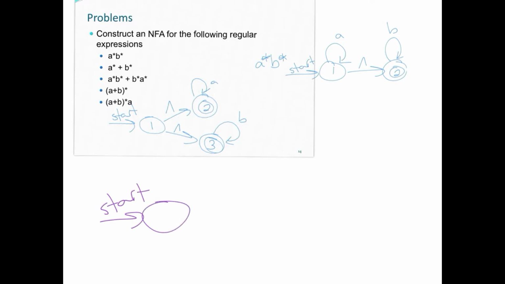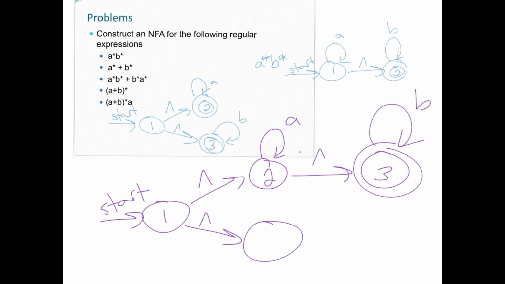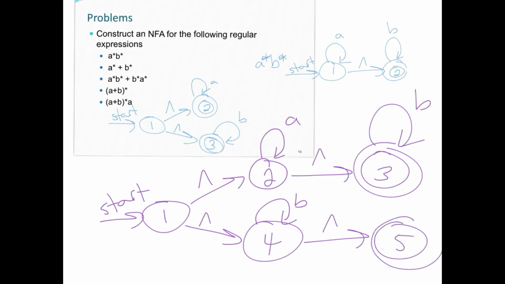I've got two choices. Whenever I have two choices like this, it makes it easier for me if I just do 2 lambda transitions. So the first choice, my A's followed by my B's, is going to be exactly what I have above. There's my A's. I've got a lambda transition to state 3, which we'll accept with my B's. Or maybe I want to start with my B's and then lambda transition over to here and have a loop with my A's.